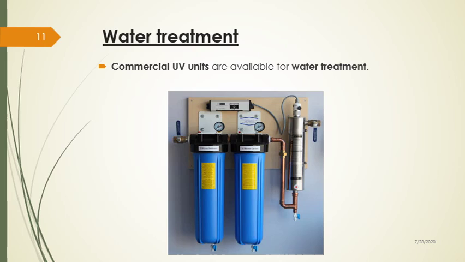Pathogens and other microorganisms are destroyed when a thin layer of water is passed under the lamps, and it is the most common commercial method used for water treatment, to sterilize the water or to remove the microbial organisms from the water.